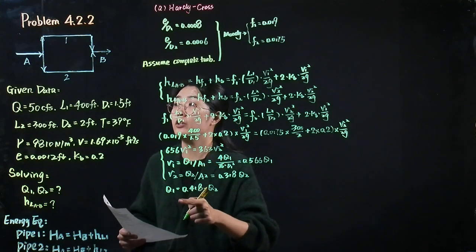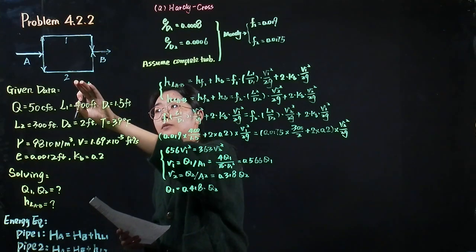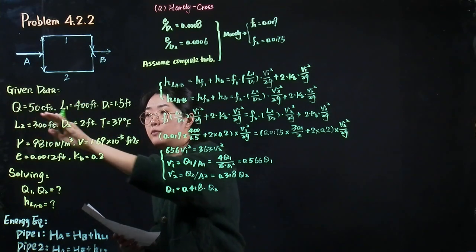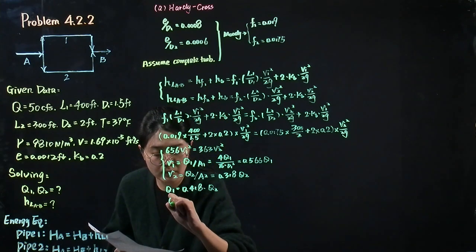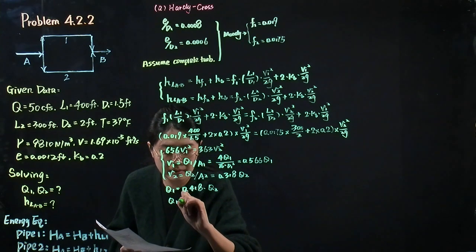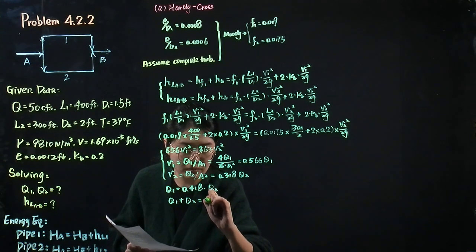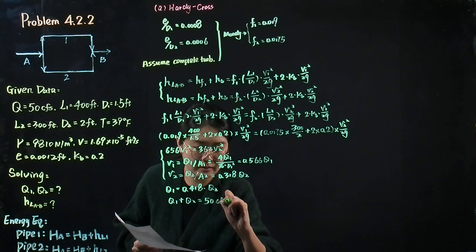Because we know the flow rate in pipeline 1 plus the flow rate in pipeline 2 equals the total flow rate, which equals 50 cubic feet per second, then Q1 plus Q2 equals 50 cubic feet per second.